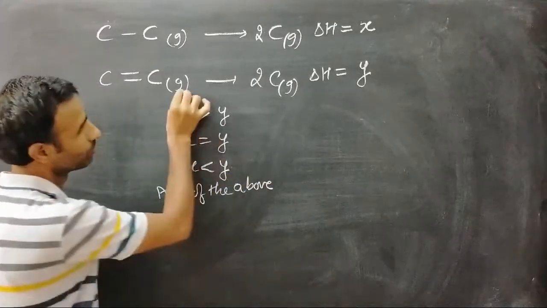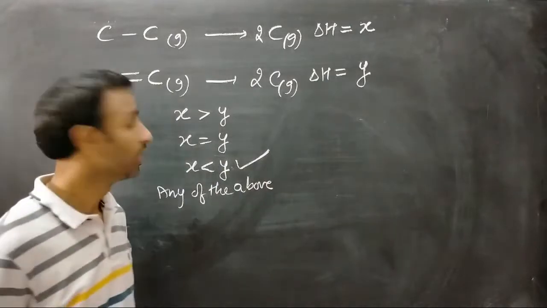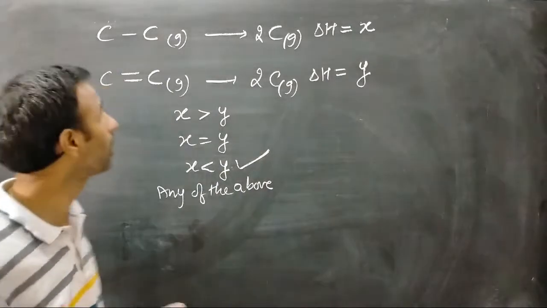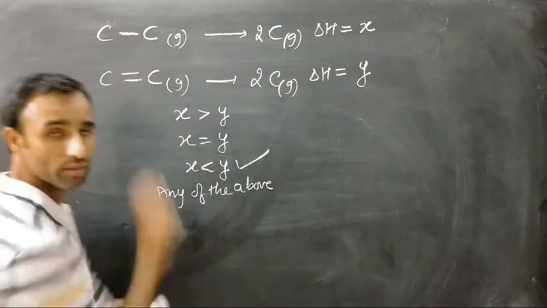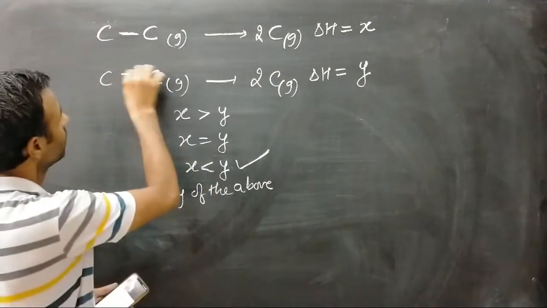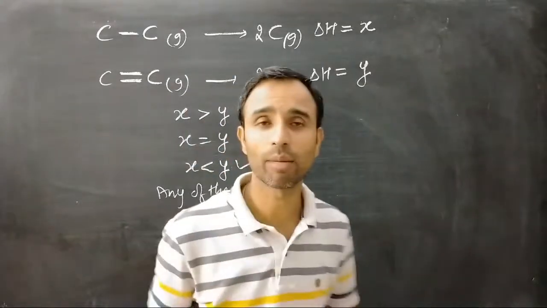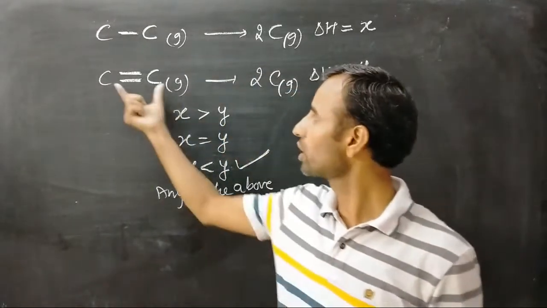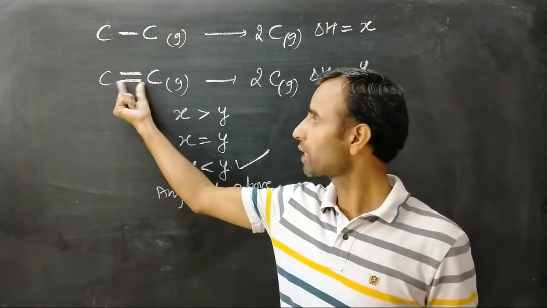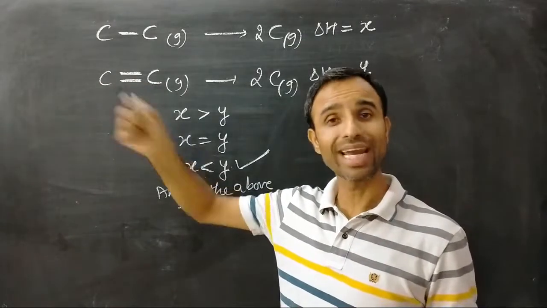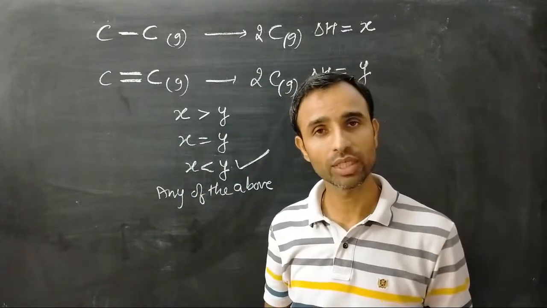Yes, tell me. Y is greater than X, or X is less than Y, because here we have to break a single bond, but in this case we have to break a double bond. That means as the number of bonds increases, atoms come closer to each other, and when atoms come closer, bond length decreases and bond strength increases.